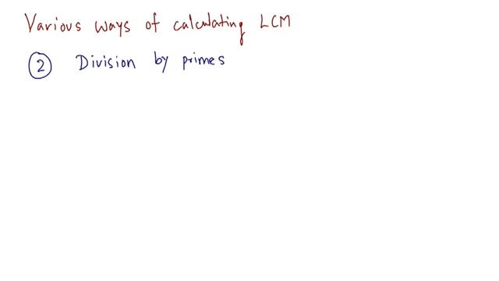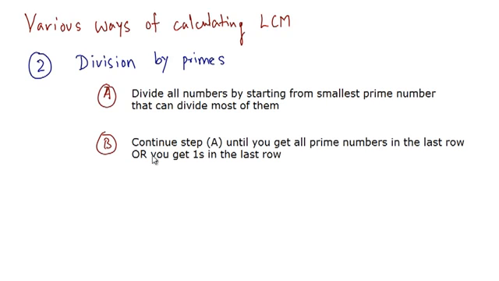Along with this, there is another method of calculating LCM. It is done by dividing the numbers by prime numbers. So following are the steps of this method. So let's follow these steps and find out the LCM of 24 and 60. So we write the numbers 24 and 60 like this, and then we keep on dividing these numbers by smallest prime numbers that can divide both of them.